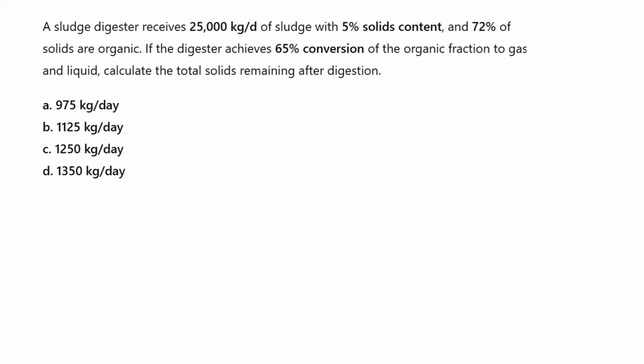Okay, so if you see here, this is the total solids that is generated. In the total solids, we have the fixed part and we have the volatile part that is undestroyed.